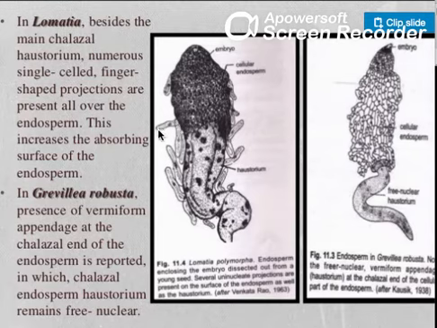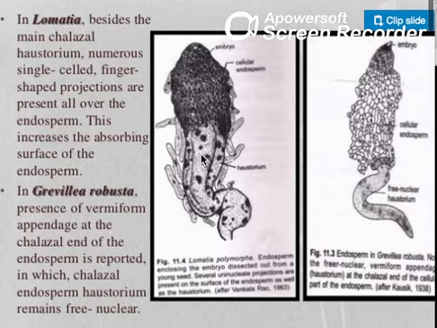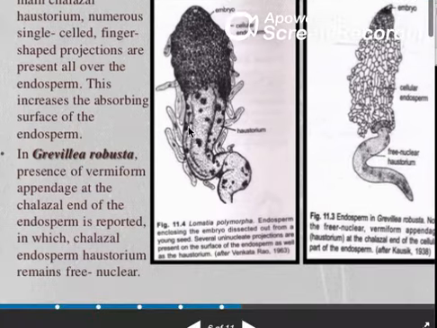There are actually some finger-like projections that are covering the endosperm, and these finger-like projections help to absorb the nutrients. Okay, so in Lumetia you have, besides this haustorium, which is made up of free nuclear endosperm, further finger-like projections also.